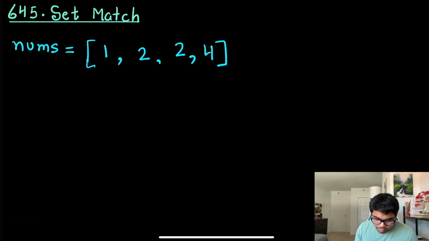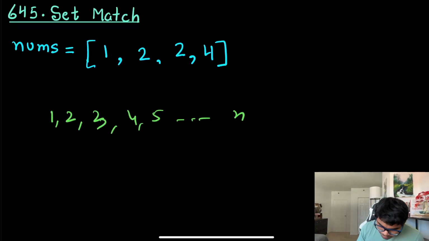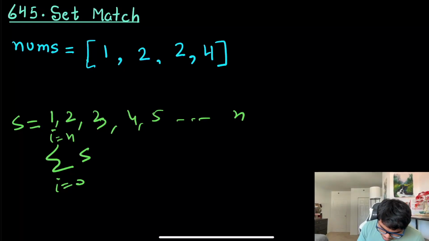You might have studied, or you might not have studied, the sum of some range of numbers. Let's say we're starting numbers from 1, 2, 3, 4, 5, etc. till n. The sum of all of these numbers, let's say I call it s, would be the sum of i from 1 to n.